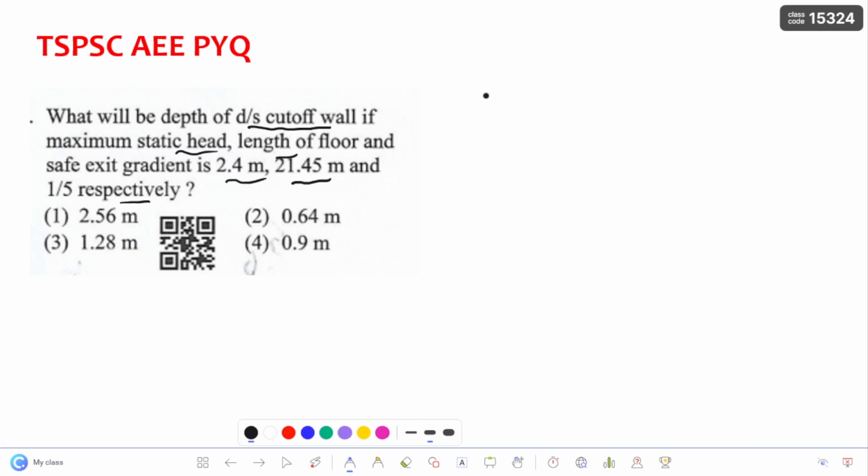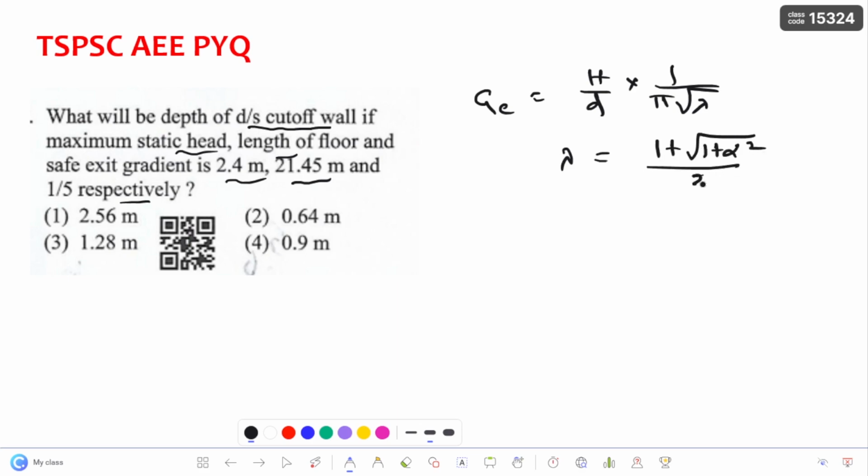You all know the exit gradient formula: GE is equal to H by d into 1 by pi root over lambda, where lambda is equal to 1 plus root over 1 plus alpha square by 2, where alpha is nothing but b by d. Here b is given as 21.45 meters and we have to find d.